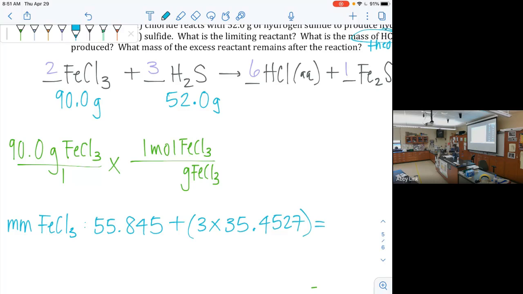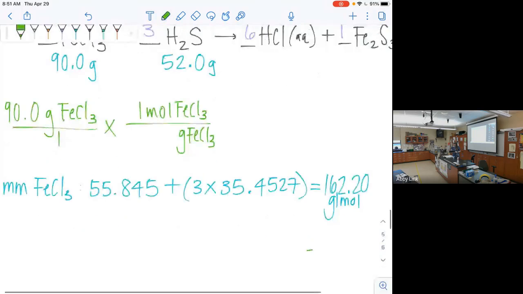My molar mass comes out to be 162.20 grams per mole. I'll give you a second to catch up there. All right, 162.20 is going to fit into my denominator here.